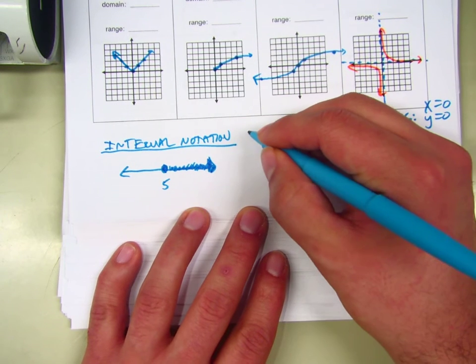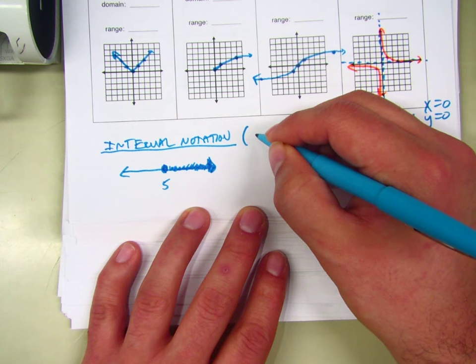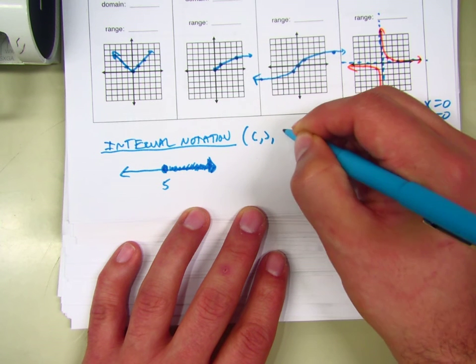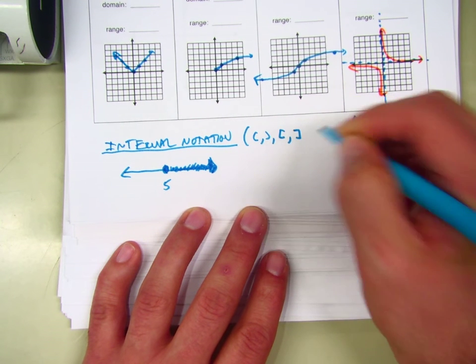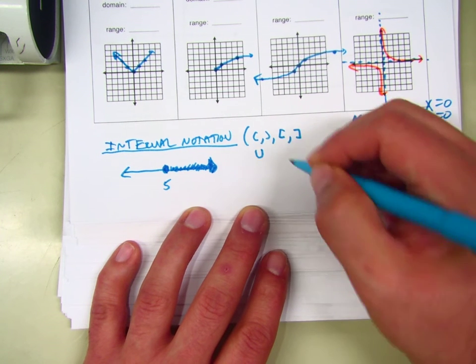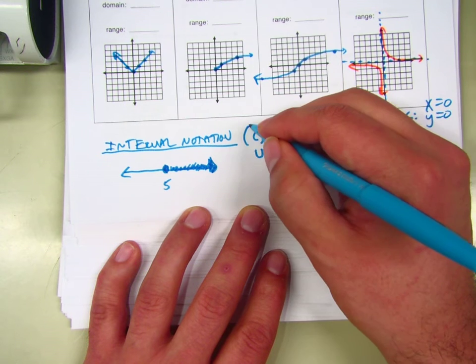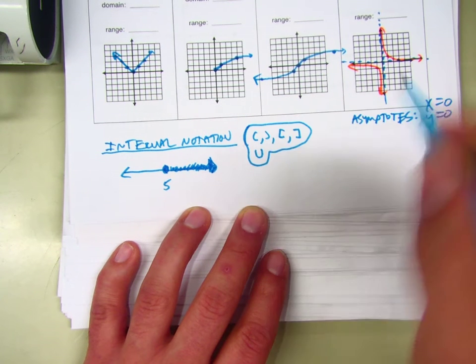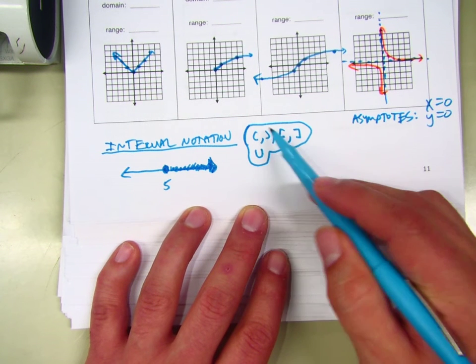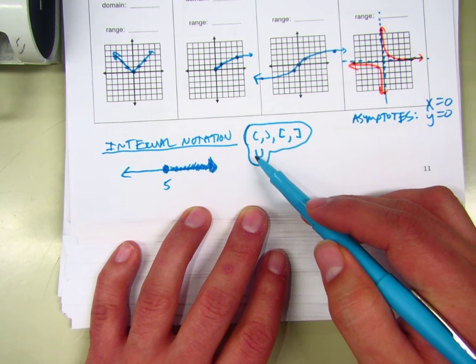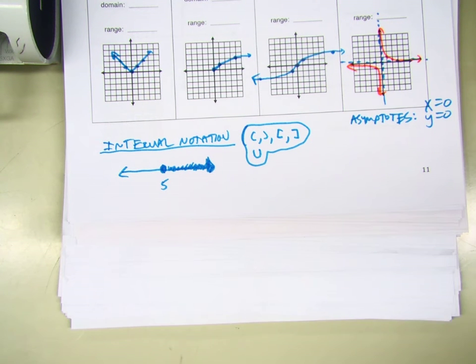In interval notation, we use parentheses or brackets, and sometimes we use a U if we have more than one set.